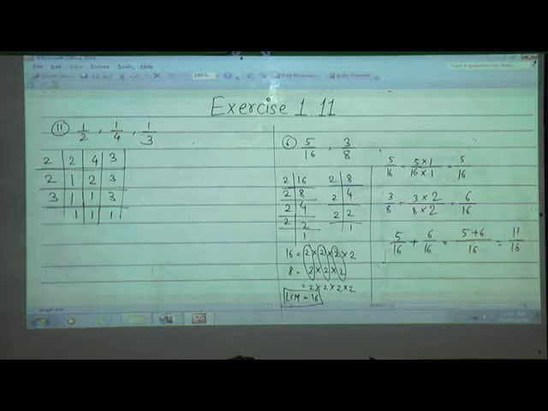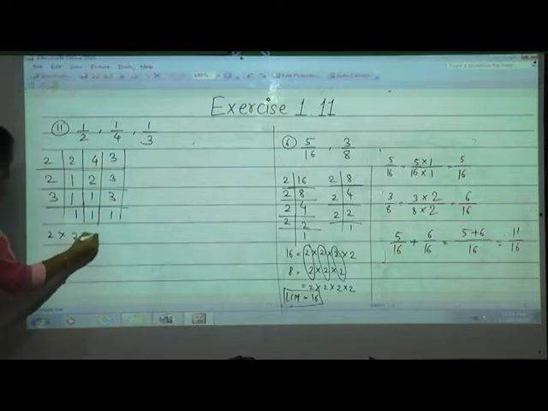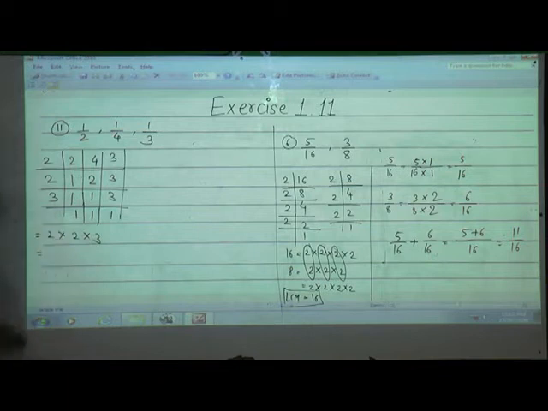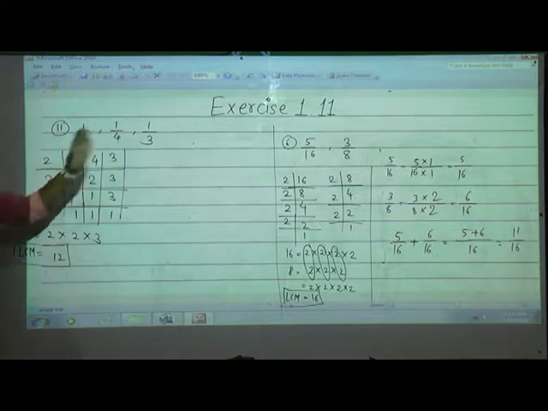Okay. So the multiples of 2, 4 and 3 are 2 multiplied by 2 multiplied by 3. This is the combined LCM. So 2 2s are 4, 4 3s are 12. So what is the LCM of 2, 4 and 3? It is 12.